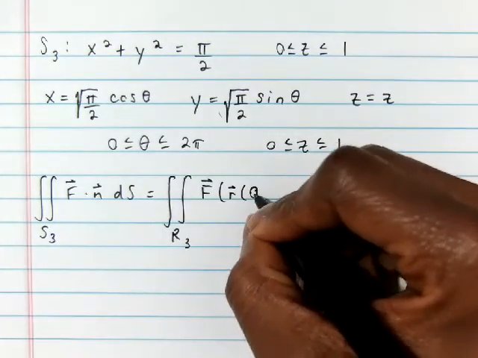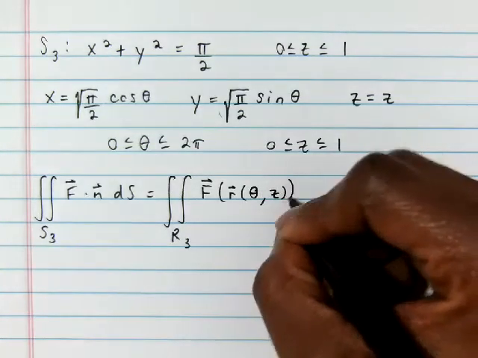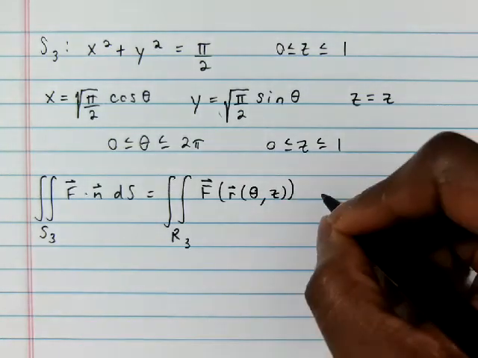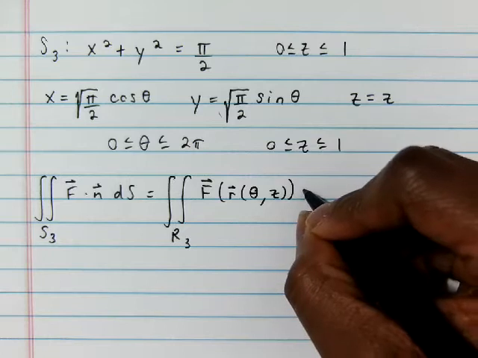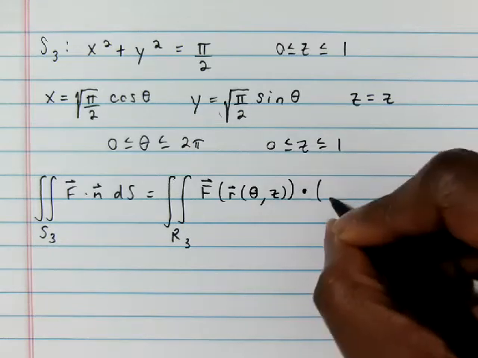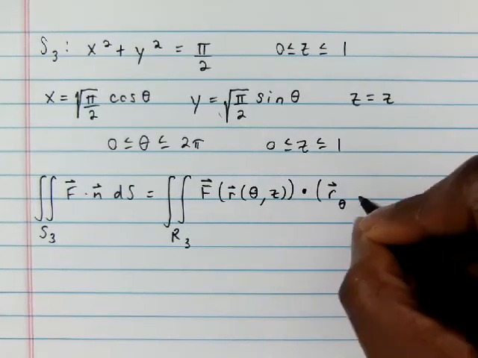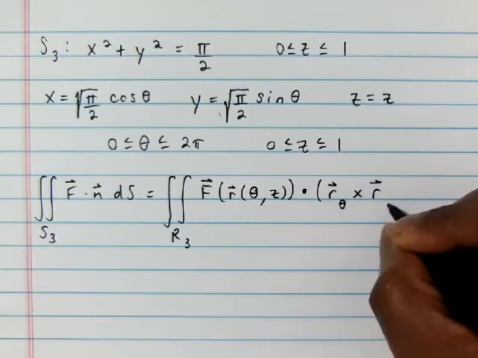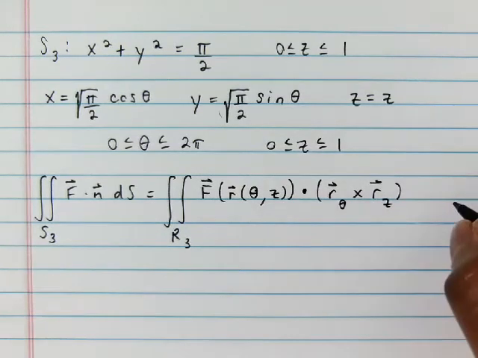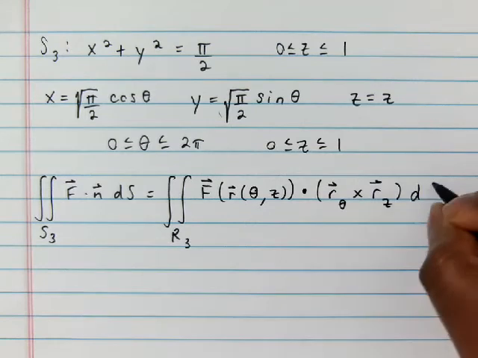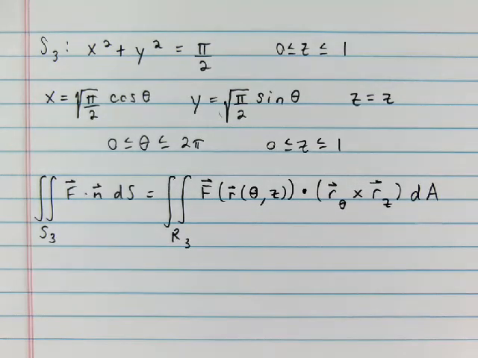So R of theta, z. And then we need to take that and dot it with r sub theta cross r sub z. And then we'll evaluate that double integral.